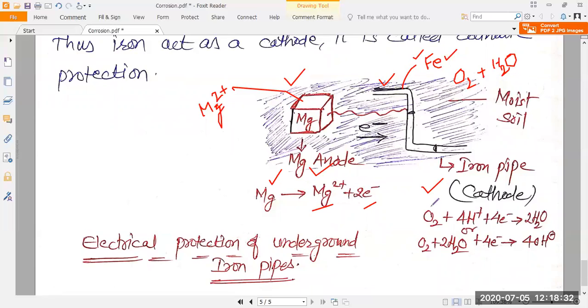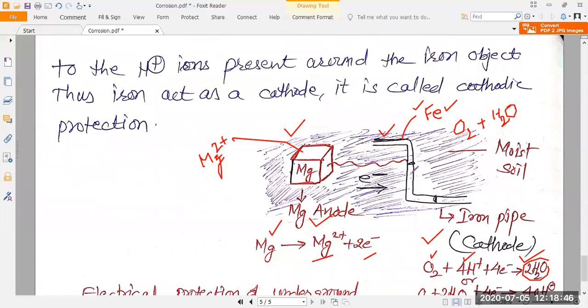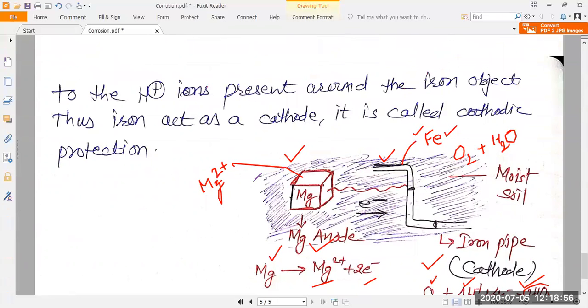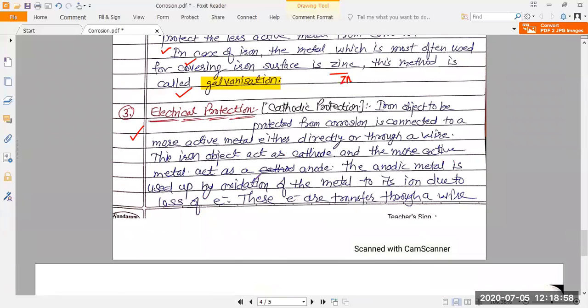At the cathode, oxygen and 4H+ which are present in the water react with each other and form water, and this water is absorbed by the soil. So by this method we can protect the less active metal from corrosion or rusting.